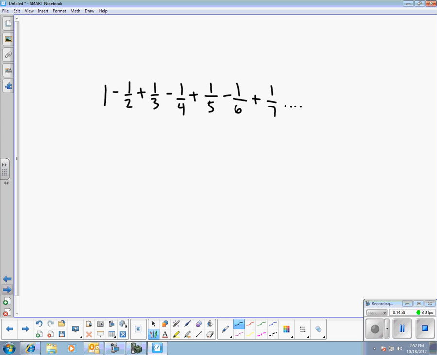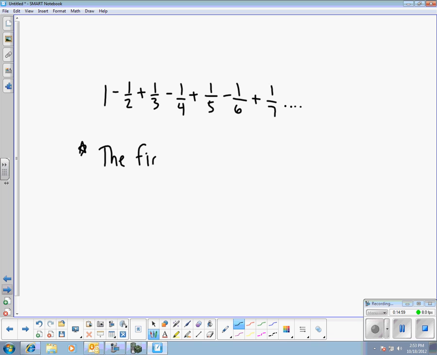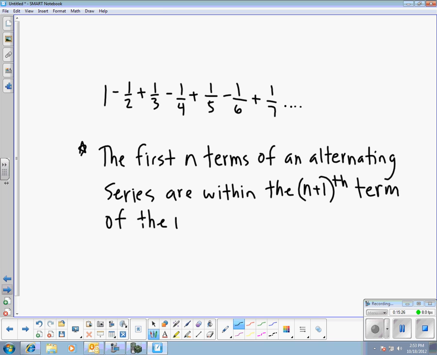Here's your rule in my words. The first n terms of an alternating series are within the n plus 1th term of the true sum.